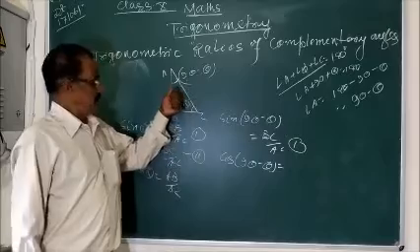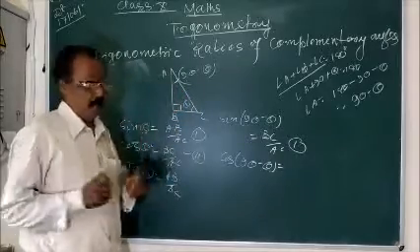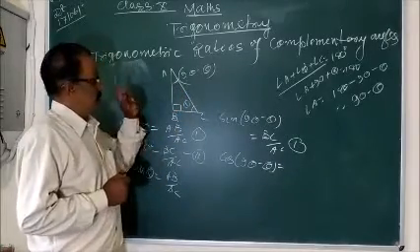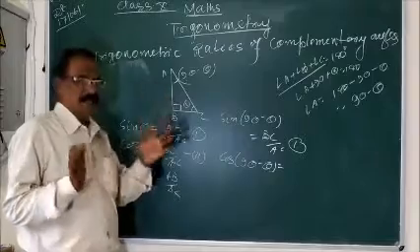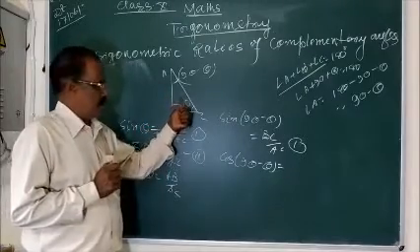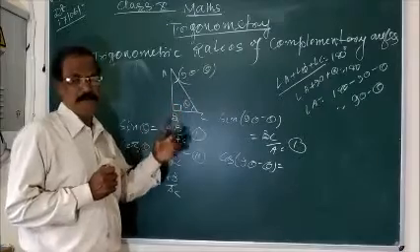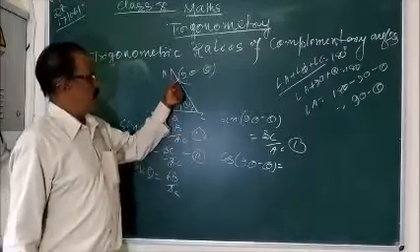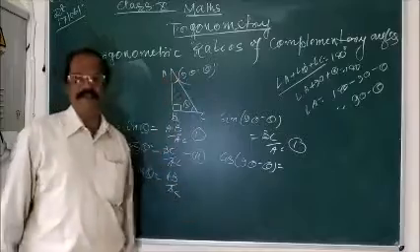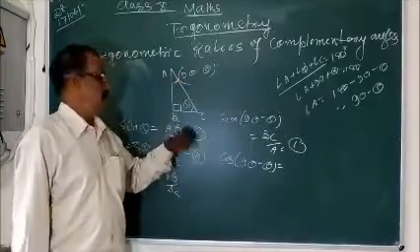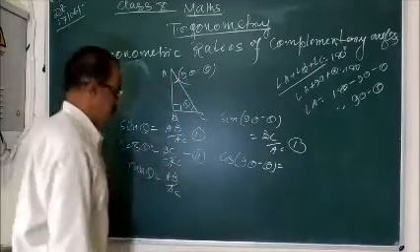But my dear, you can see here the base and perpendicular are changing. For this angle theta, this is perpendicular, this is base. But for this angle, this is 90 minus theta. BC is the perpendicular and AB is the base.